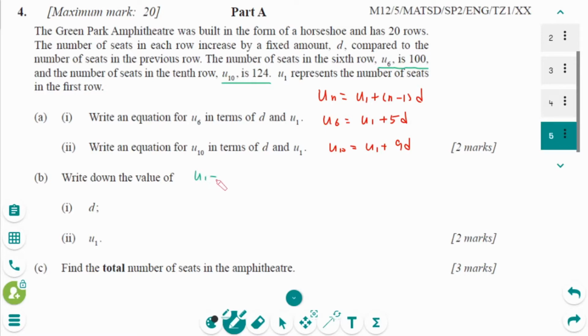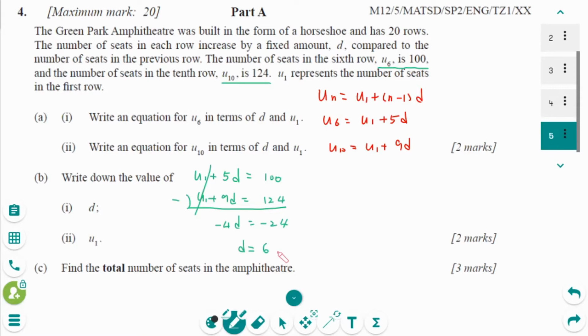So u1 plus 5d equals 100, and u1 plus 9d equals 124. Then u1 cancelled, minus 4d equals minus 24, then divide by minus 4 on each side, d equals 6.